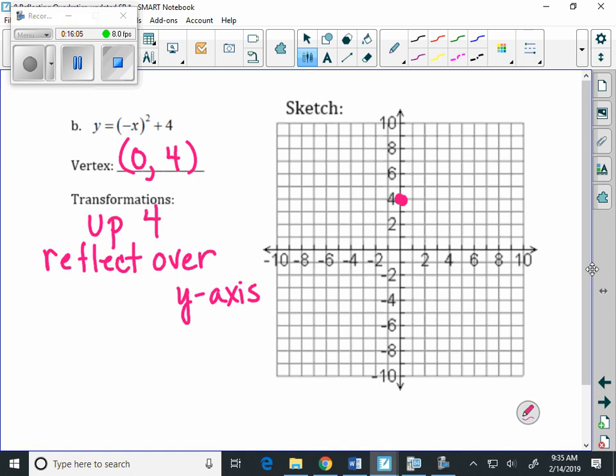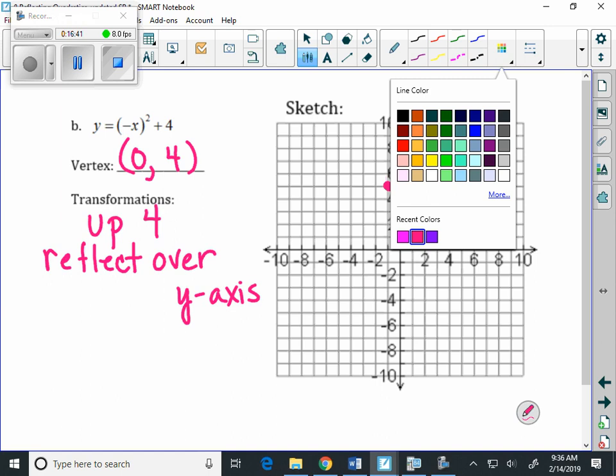But here's what happens. From this point, we're going to go 1 space to the right and 1 up. But what happens when we reflect it over the y is that point that we just graphed really lands right there. Again, flipping it over, so I'm twisting my hand to pretend like it's flipping over that y-axis. Watch again. From this green point here, I'll put that in green because that's where we're looking at.